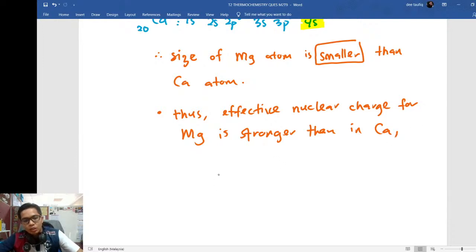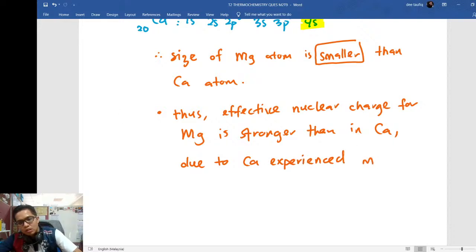Okay, I put a comma here, due to calcium experiencing more shielding effects.